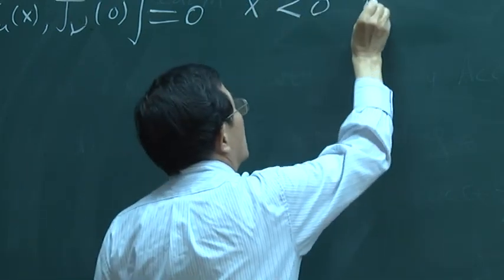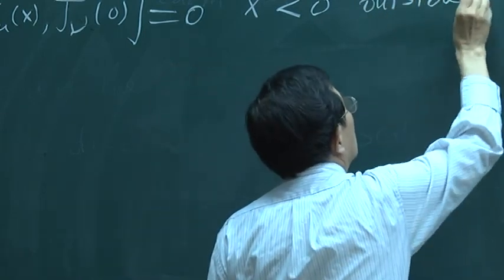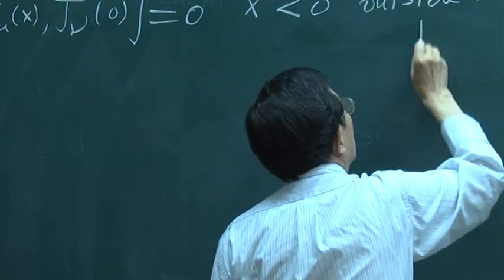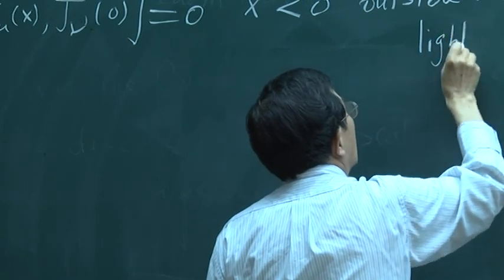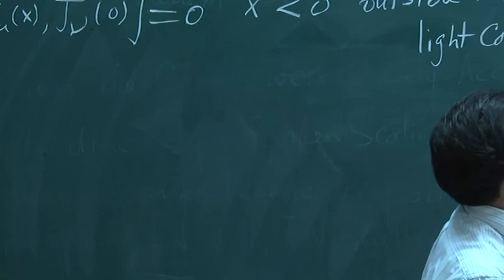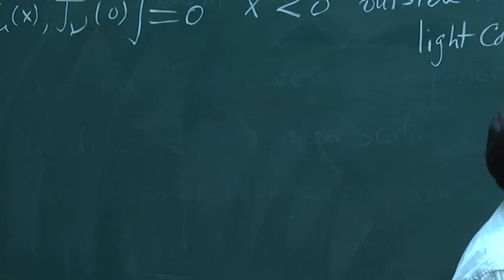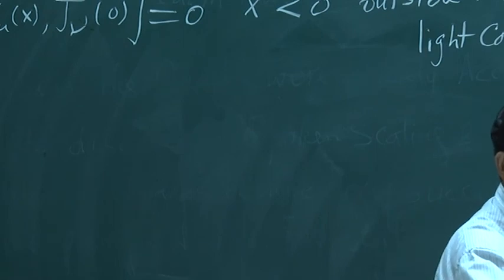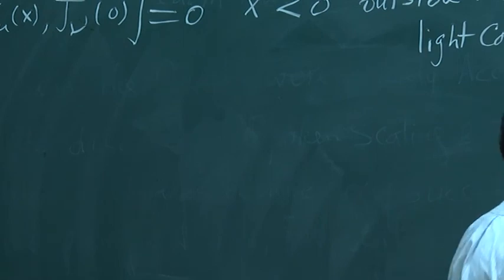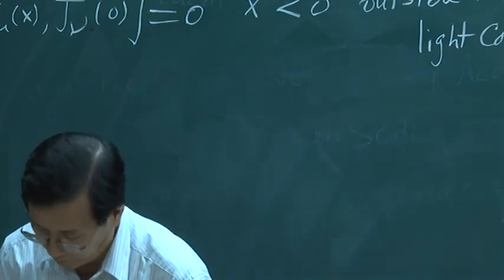This is outside the light cone. So this commutator is not 0 only if x squared is bigger than 0, in the time-like region, okay? And that will give us some information.